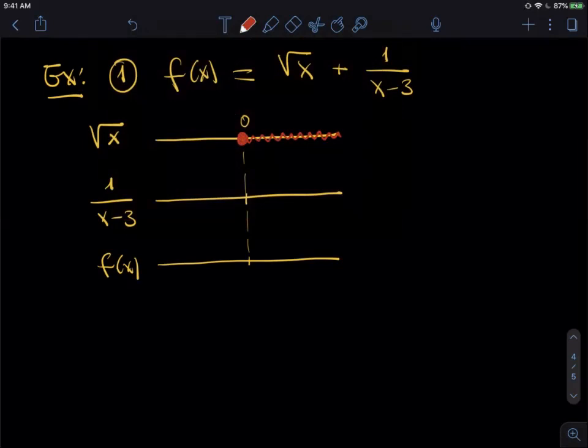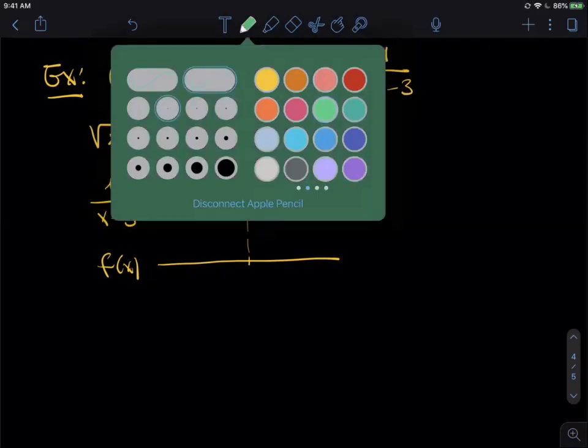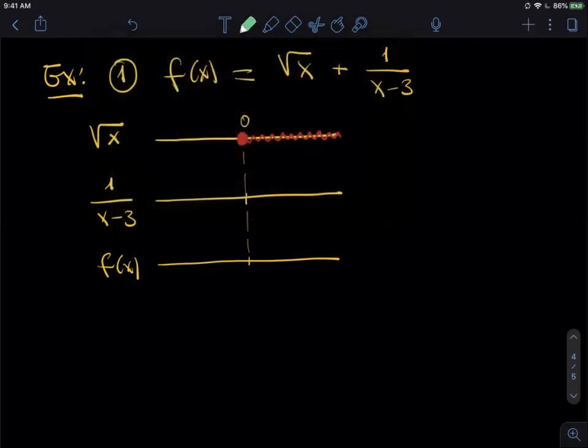Now, let me use a different color. So for 1 over x minus 3, I need to look at the number 3 here, right? So what happens if x is precisely 3? That's a problem because I will be dividing by 3 minus 3, 0. I can't do that.